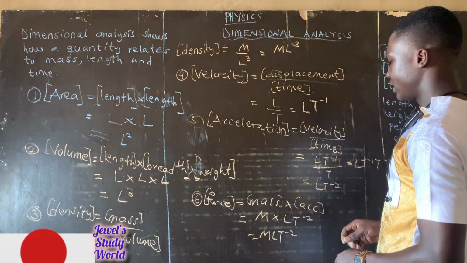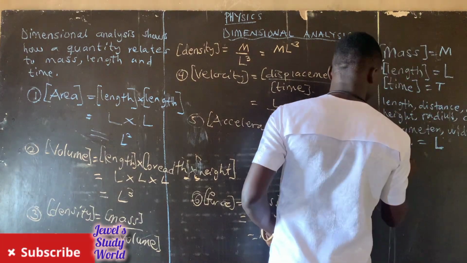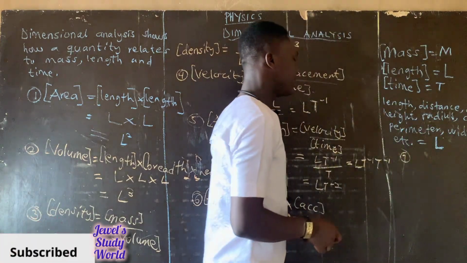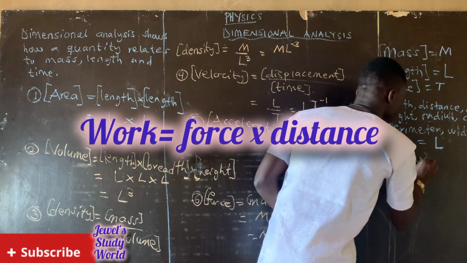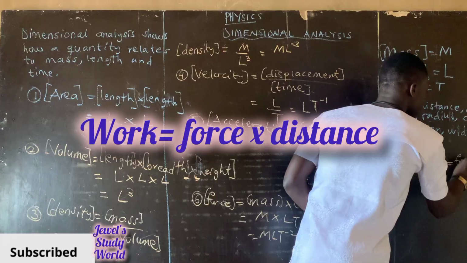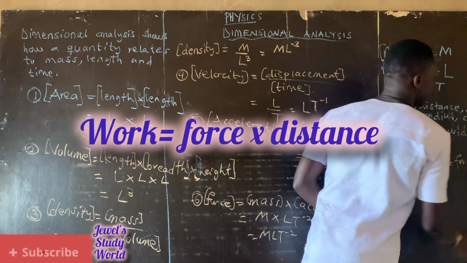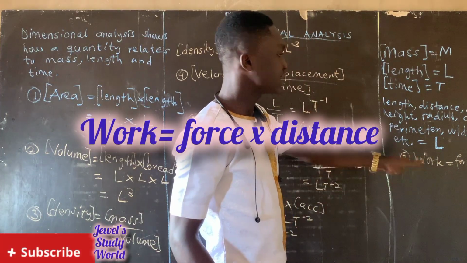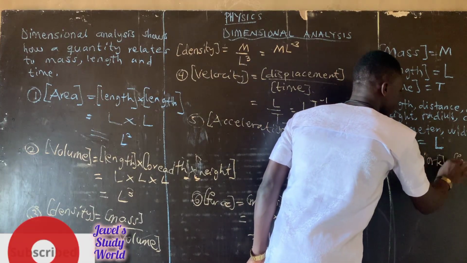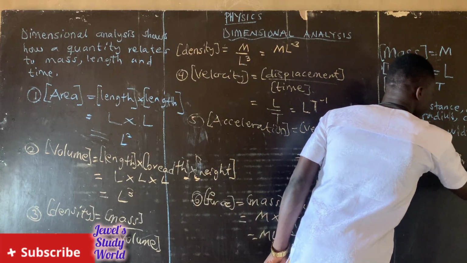Let's continue with number 7, work. Work is equal to force times distance. So I have the dimension of work equal to the dimension of force times the dimension of distance.